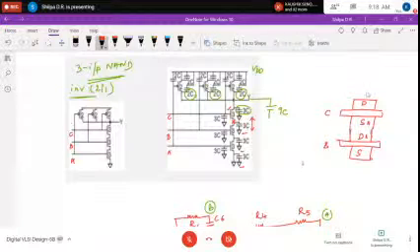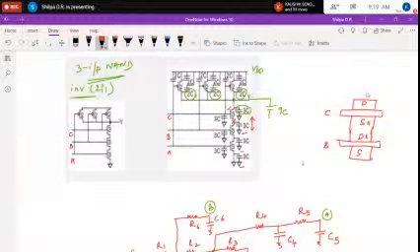So effectively you get to see only one capacitance. If they are separate and you do an additional contact to connect them, then it will be 3C plus 3C, so you have to take 6C.